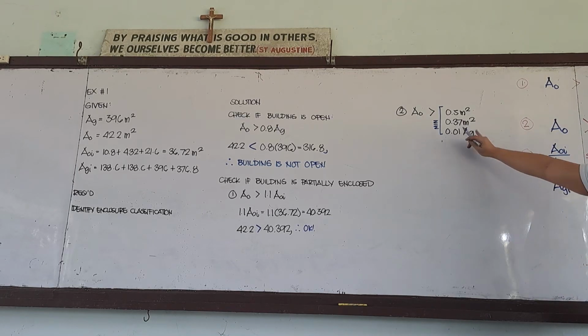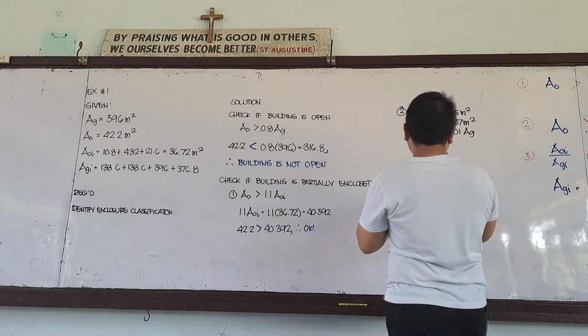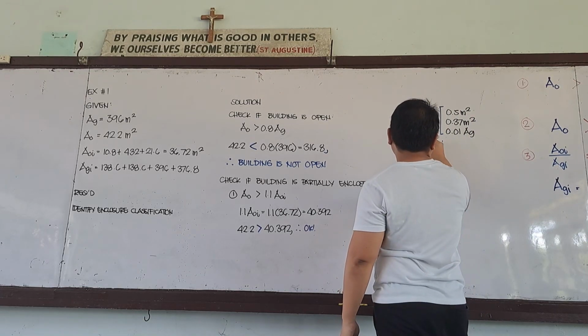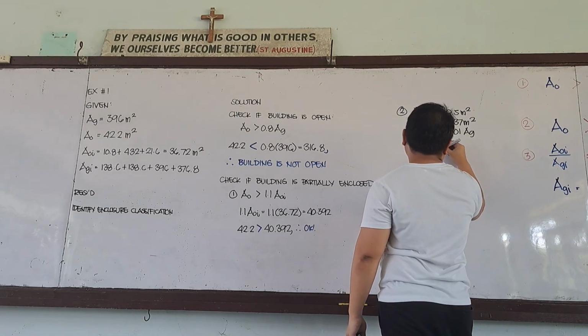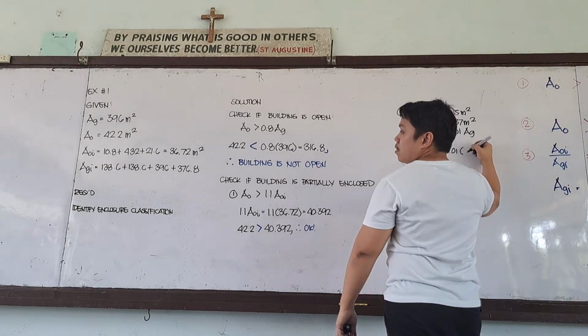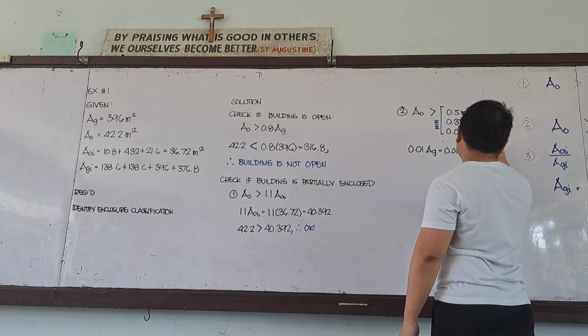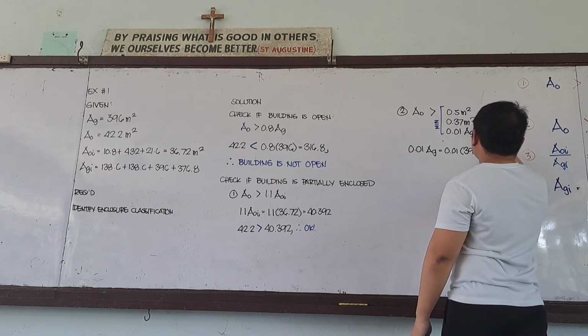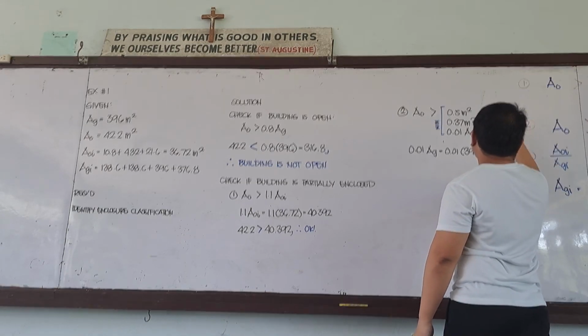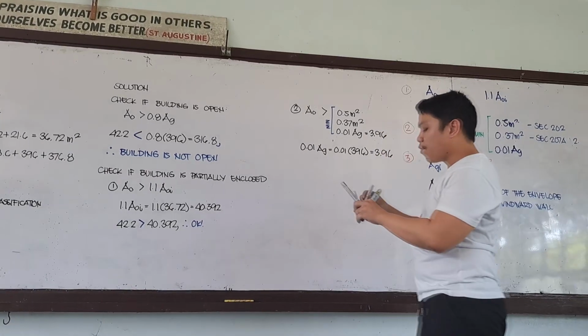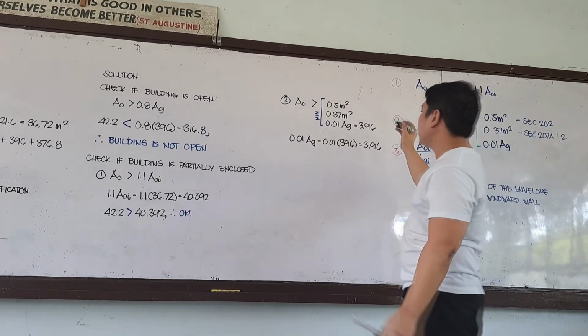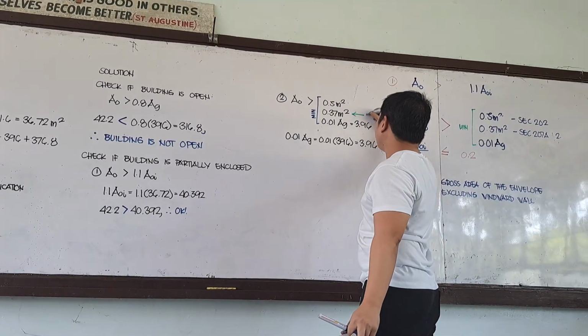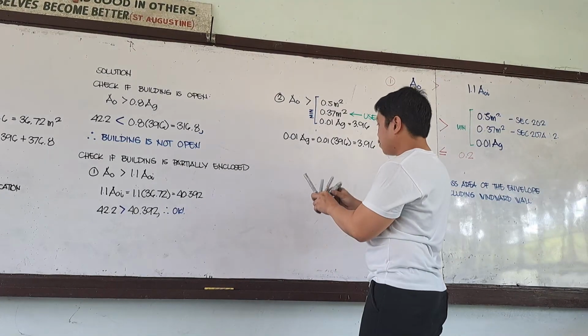Let's compute our 0.01 AG, which is 3.96.